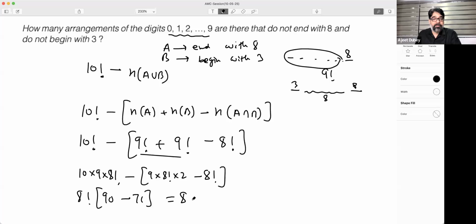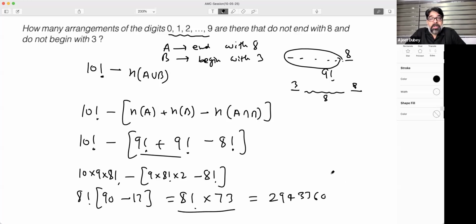Something wrong I did? No, sorry, I made a mistake. 9 into 2, 18. 18 minus 1, 17, not 71. So 8 factorial into 73. This will come as 2943360 if you expand. But you can leave the answer this way, no problem.